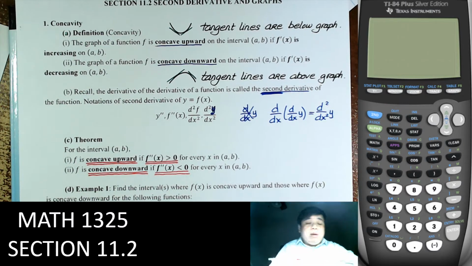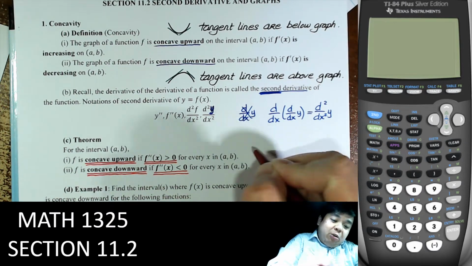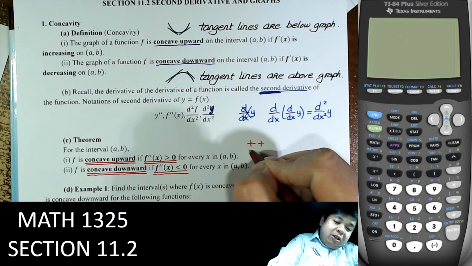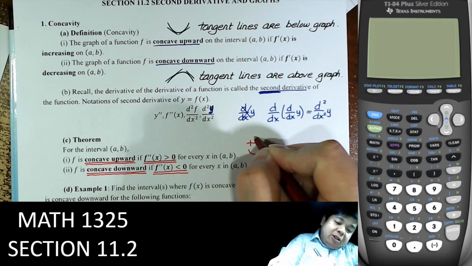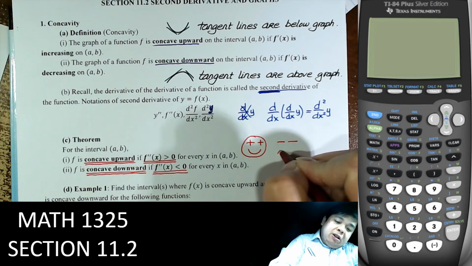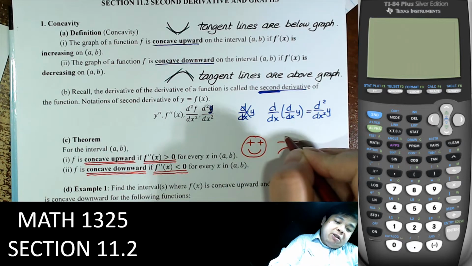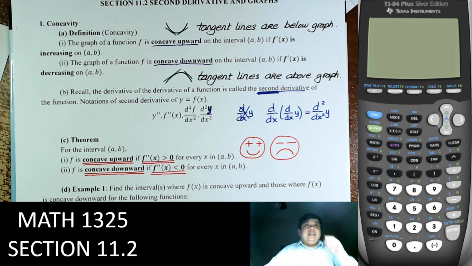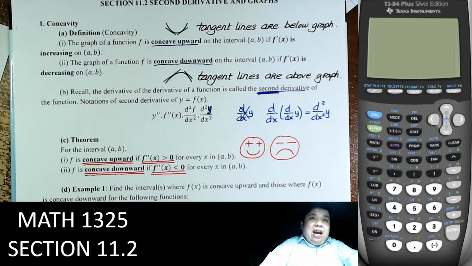The way I remember it: this is the second derivative; when it's positive, greater than 0, it is concave up, and when the second derivative is negative, it is concave down. There, concavity and the second derivative.